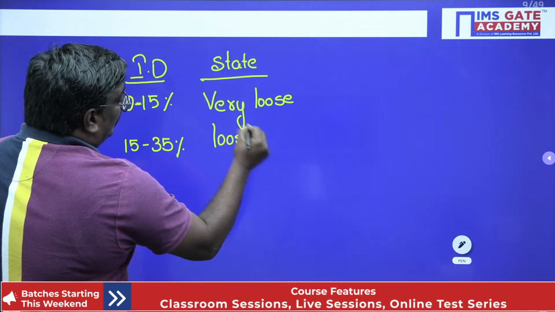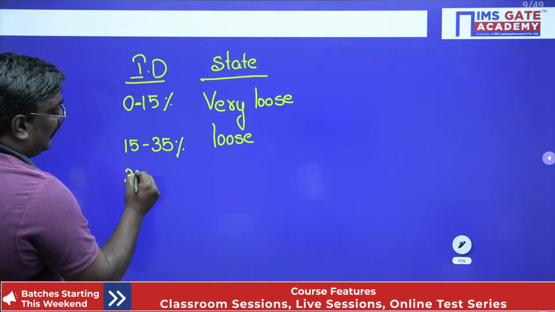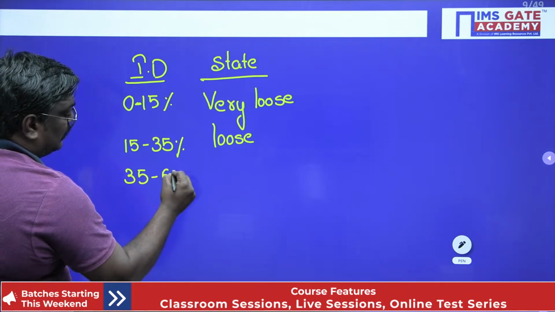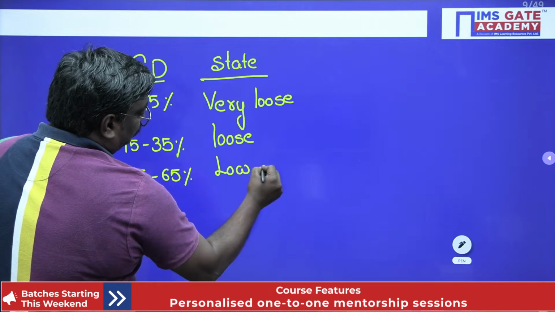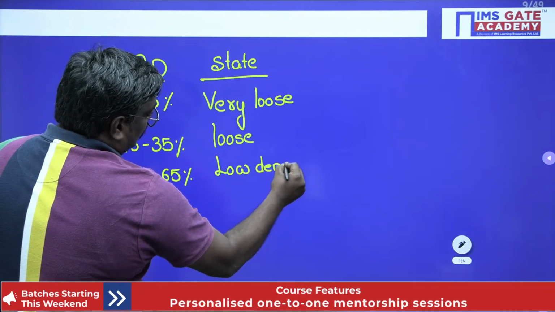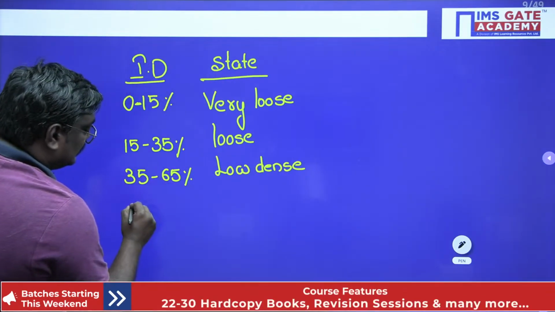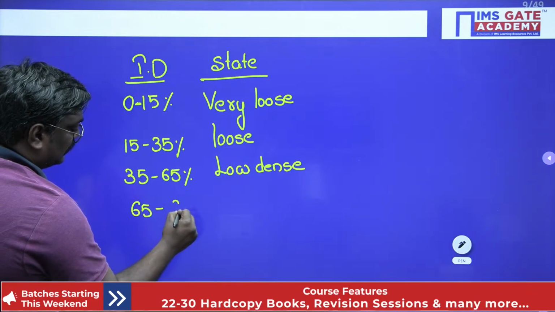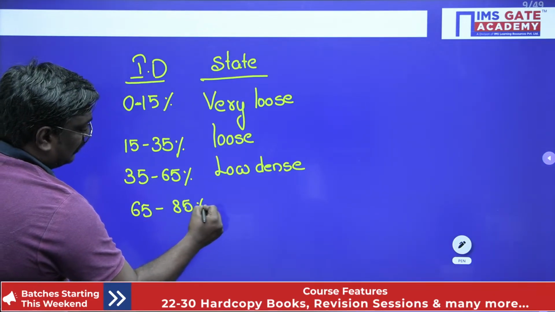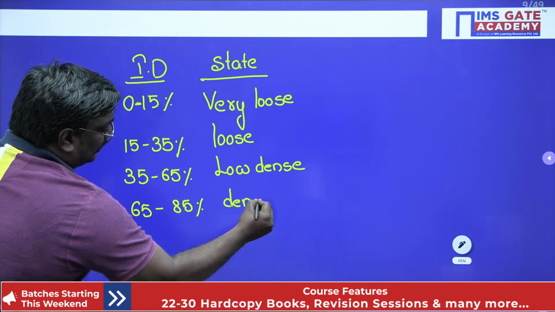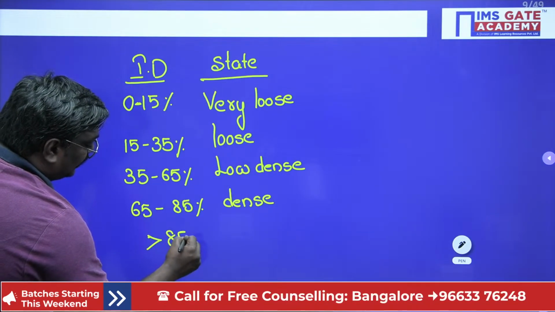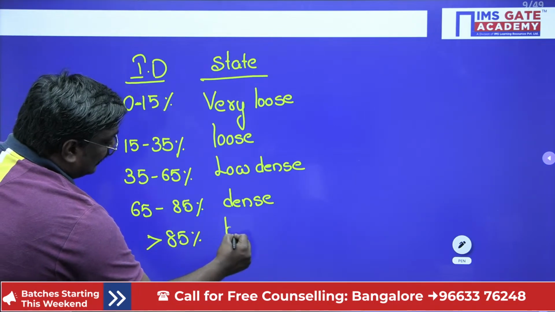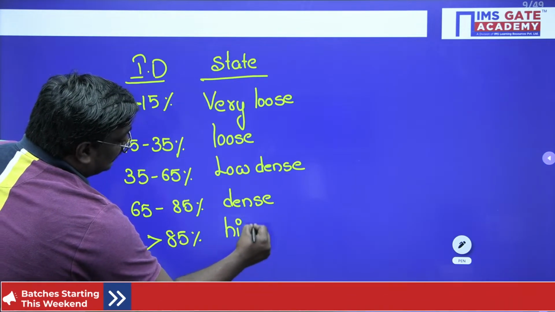If the relative density is 35 to 65 percent, it is known as low dense. If the value is 65 to 85 percent, we take it as dense, or medium dense. If the density index is more than 85 percent, you classify the soil as highly dense.